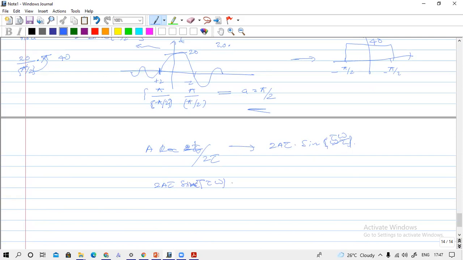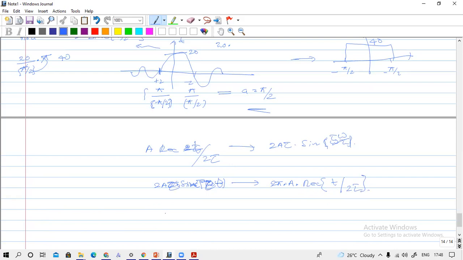So if you have this signal 2 A tau sinc tau omega, you will have this one, A rect t by 2 tau. Sorry, this is omega t. You can write omega naught tau, but here it is t. So you can write it as rect t by 2 tau like this.